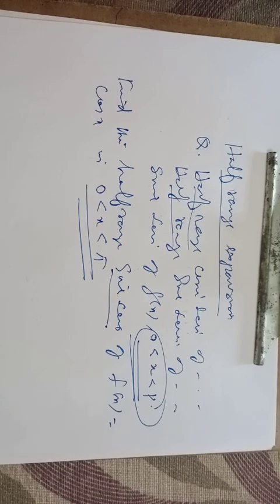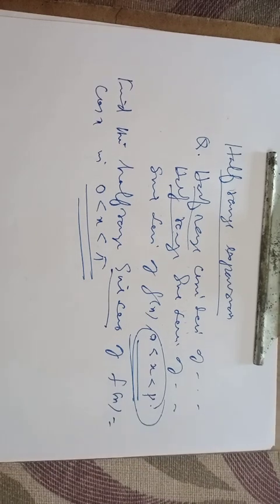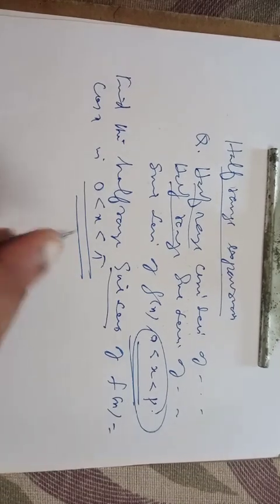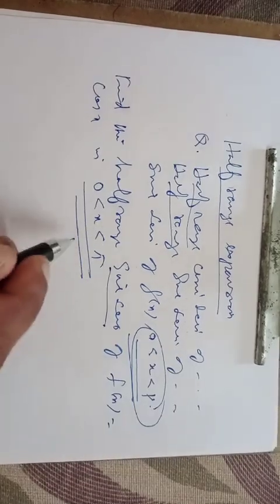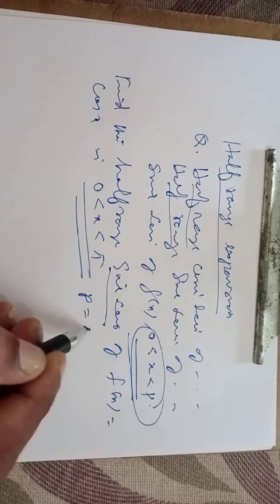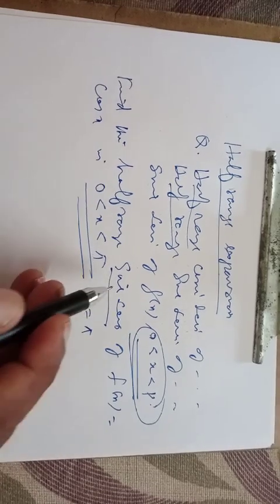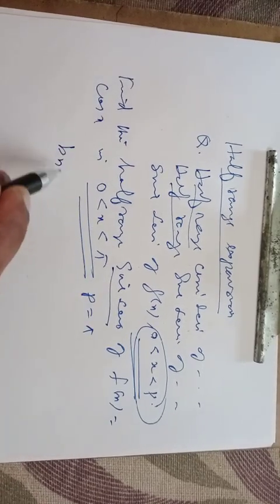Next, the problem is like this: find the half range sine series of f of x equal to cos x, and then p is pi. And asked to find sine series, then we need only find bn.